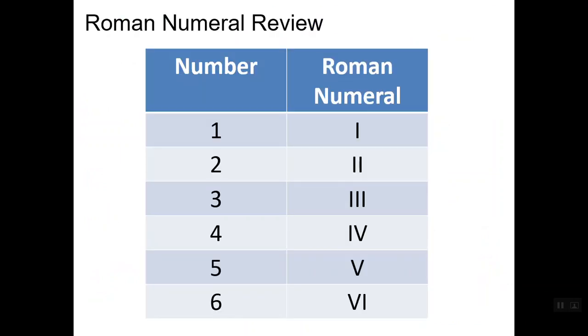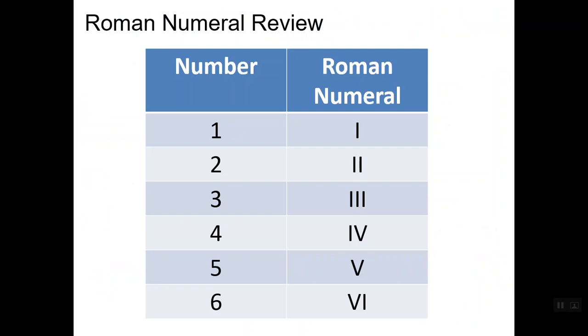These are the Roman numerals that you need to know. You probably have learned these before, but as a reminder, 1 is I, 2 is II, 3 is III, 4 is IV, 5 is V, and 6 is VI. 4 is pretty easy to remember.